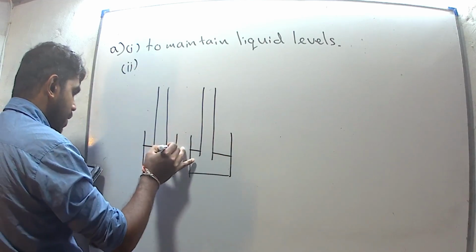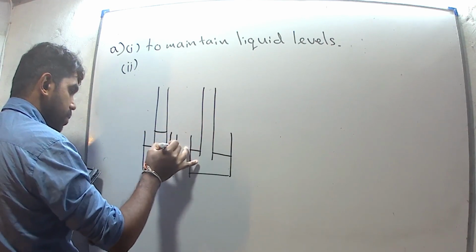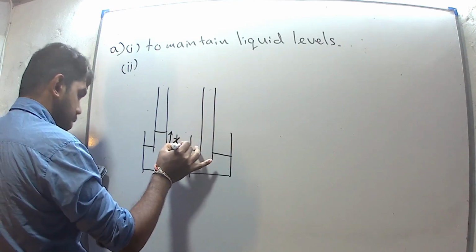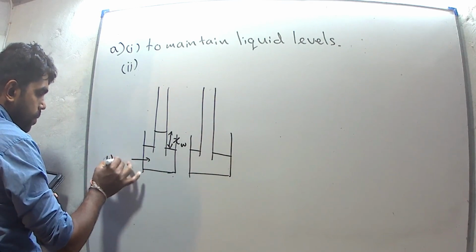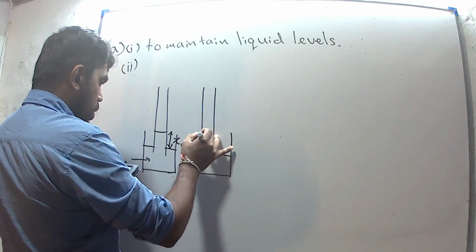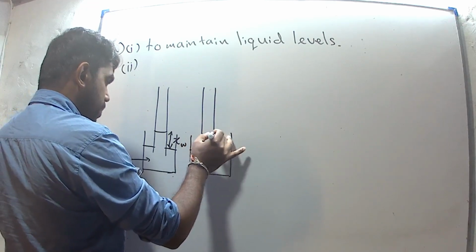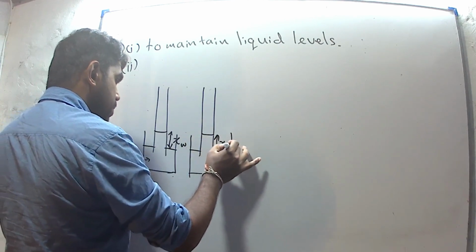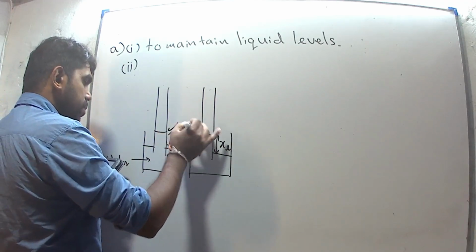The height from the water level to mark M is given as XW, for water. The height from the liquid level to mark M is given as XL. This is the mark M.